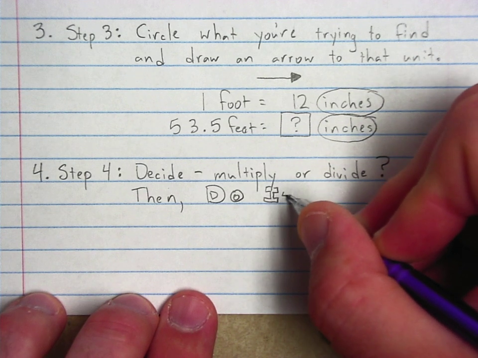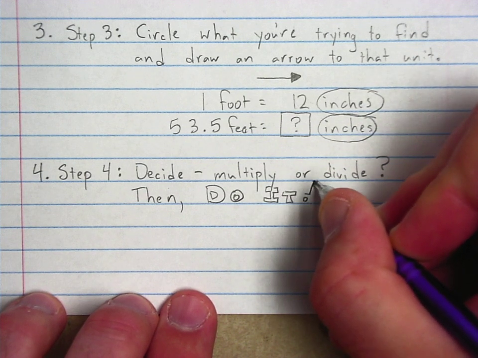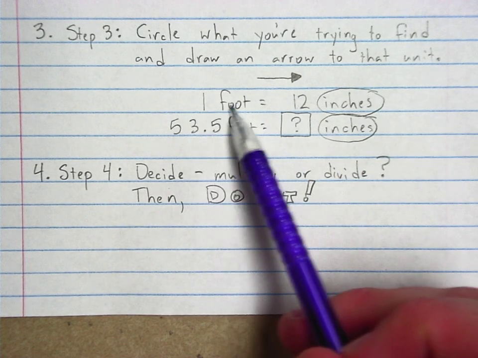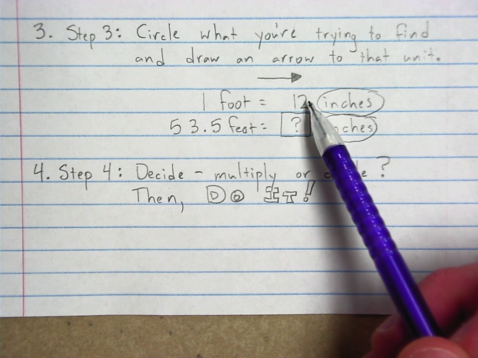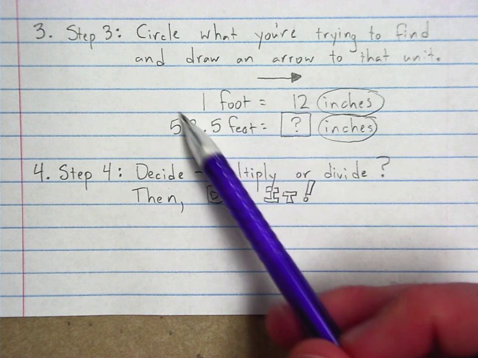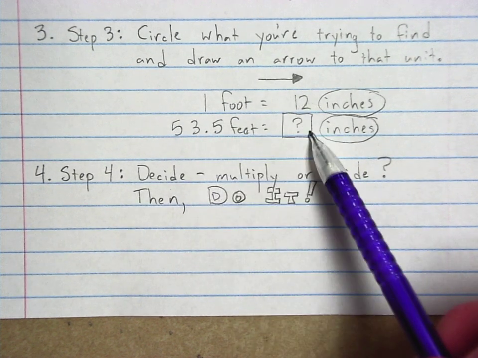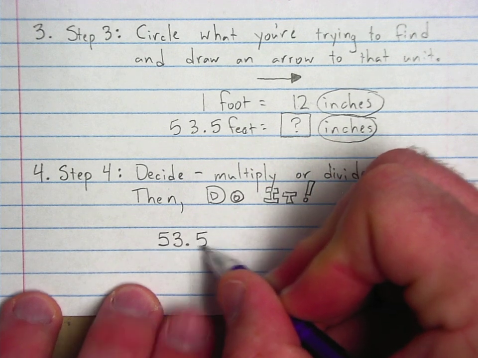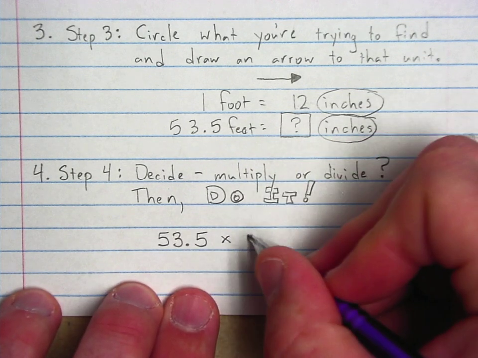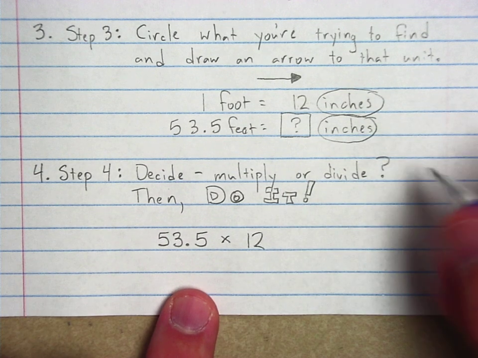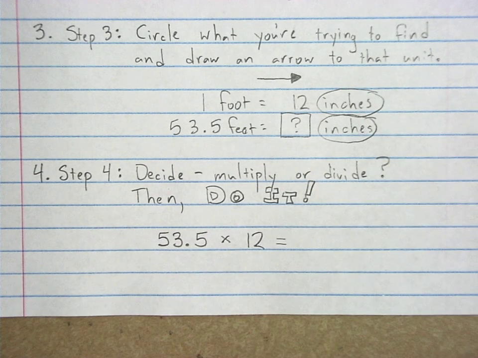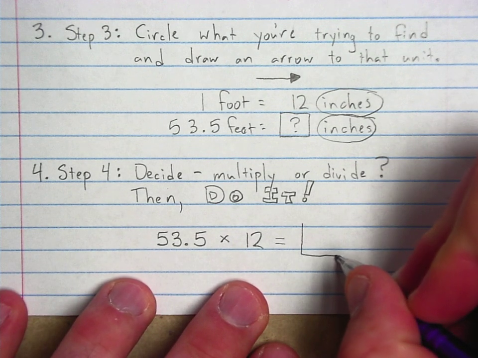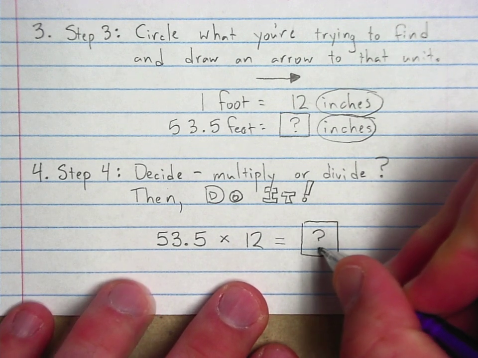By taking a look, there we are, gotta have the bubble letters. By taking a look and saying 1 going to 12, I multiply. Okay. That tells me that from here to here I'm going to multiply. So 53 and 5/10 times 12 equals, my answer is going to equal my answer.